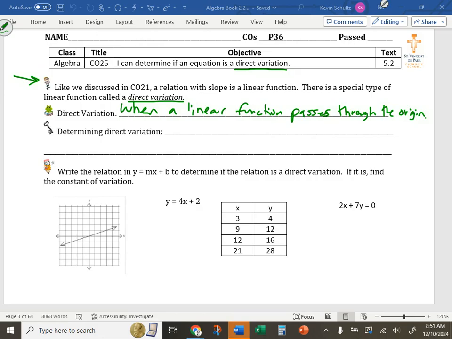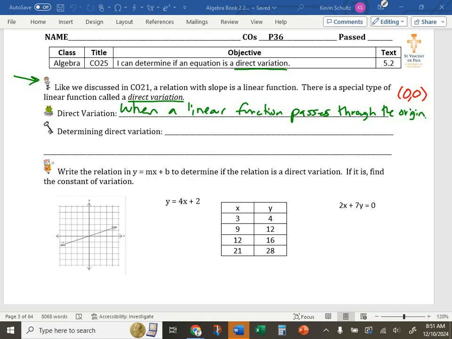What is the origin? Emerson? 0, 0. It's that center point where the x-axis and the y-axis intersect. That is called the origin, the ordered pair 0, 0.